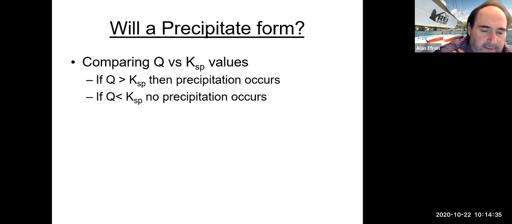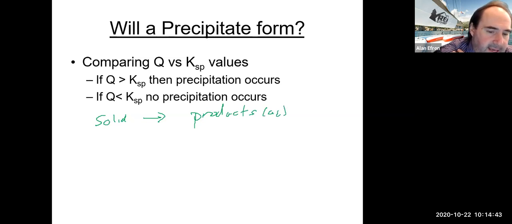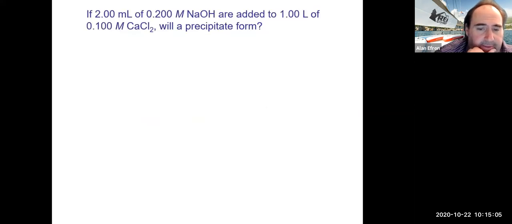A reminder: we've been talking about solids on the reactant side, and the products are our aqueous ions. If Q is greater than Ksp, it'll go opposite the way it's pointing, and you would expect a solid to form. If Q is less than Ksp, then you would expect no precipitate to occur. So let us take a look at one here.